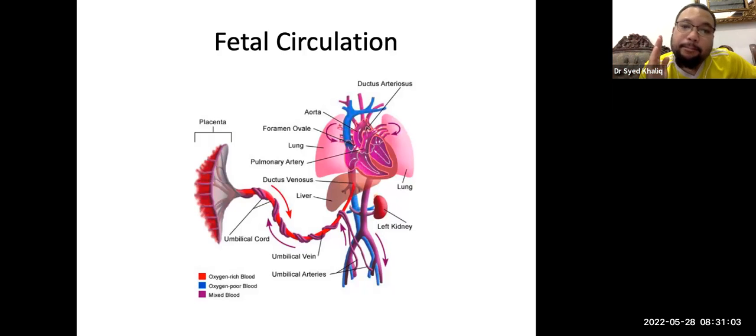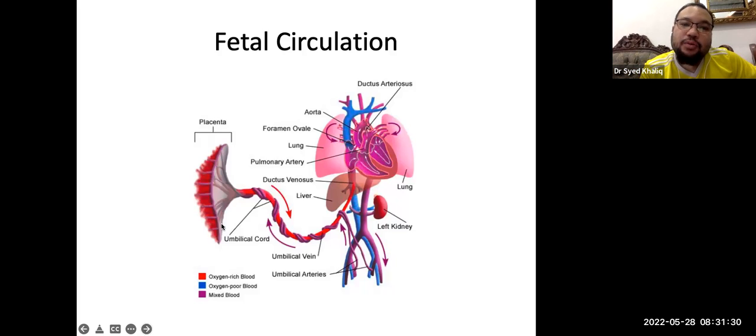And there is a patent foramen ovale, which allows blood to pass through from the right atrium into the left atrium. And also there's a patent ductus arteriosus, which allows blood to bypass the lung from the pulmonary vein into the aorta. So this is the ductus arteriosus. So ductus arteriosus and foramen ovale.